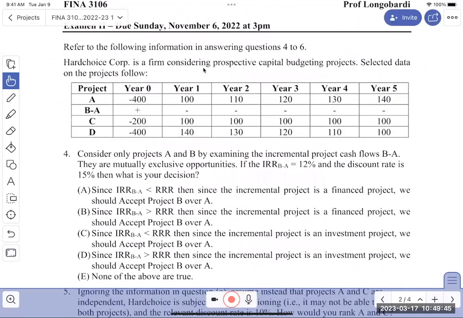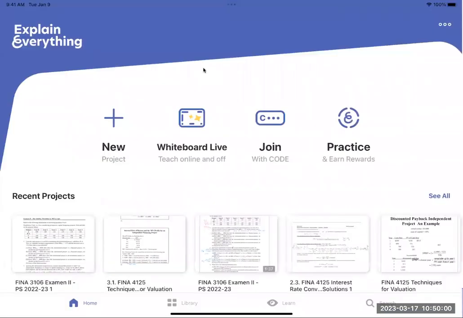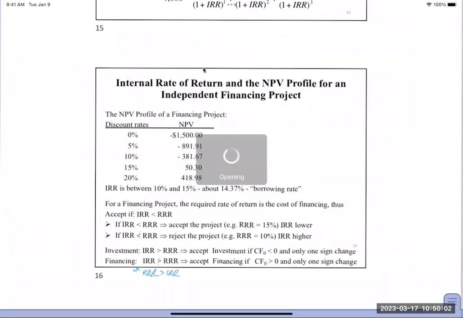So in this test, I don't have anything on multiple IRRs, so we'll have to go back to that. Actually, let's do this one. Actually, let's go to the notes and then we'll come back to this one. I'm going to go back to the notes because you need this.